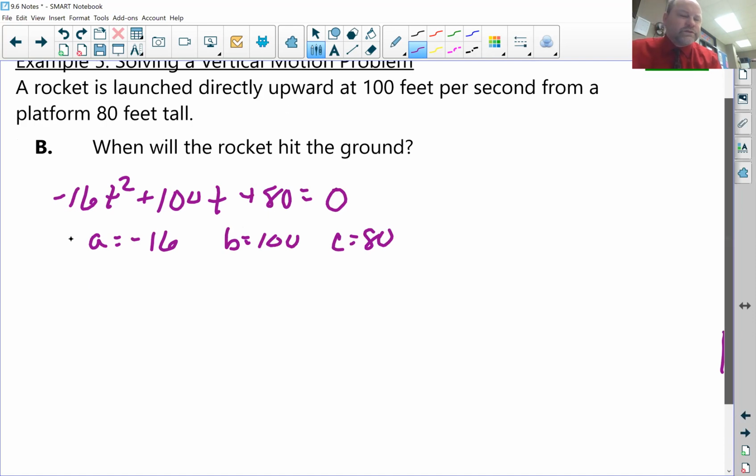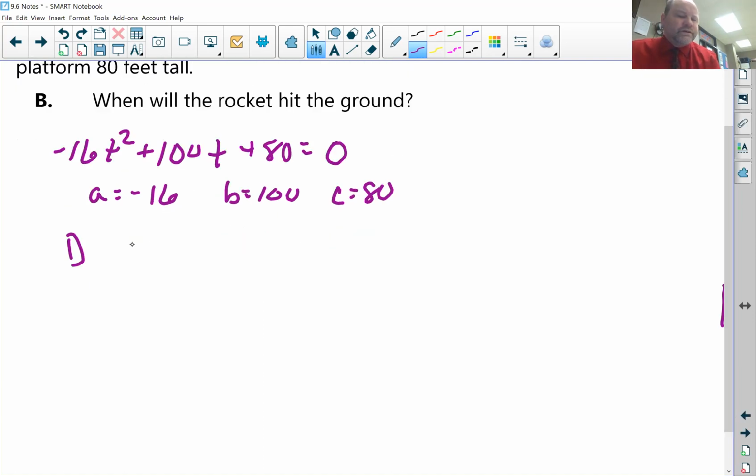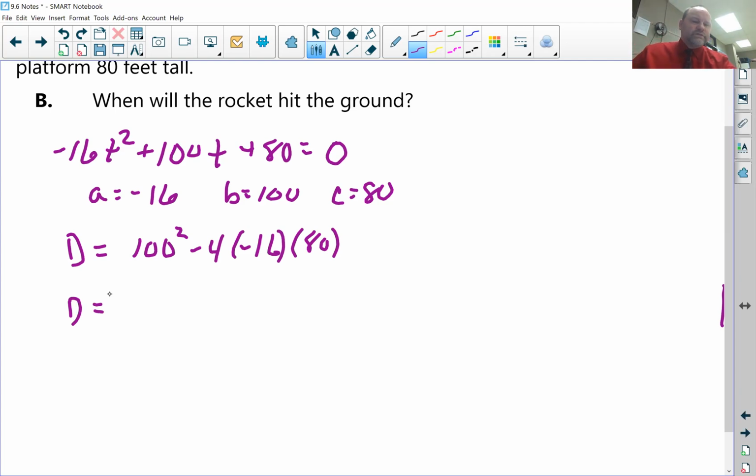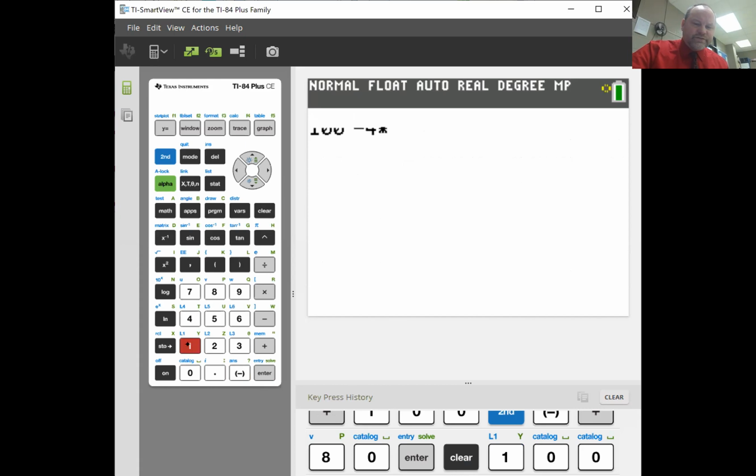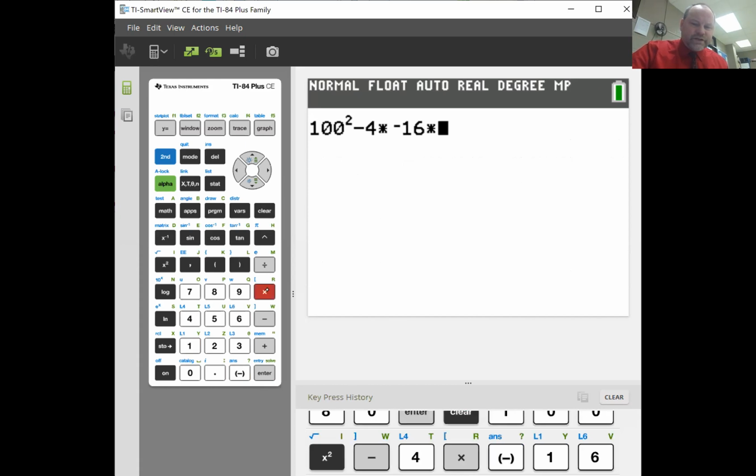So our discriminant is 100 squared minus 4 times negative 16 times 80.